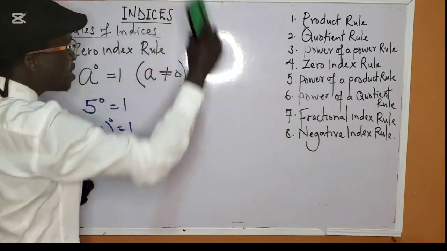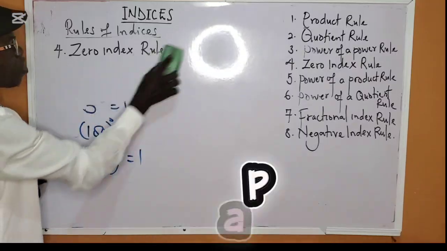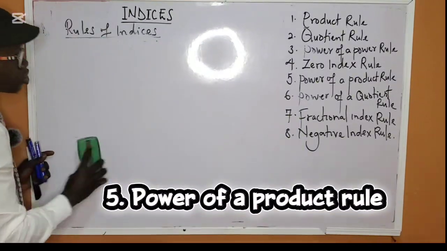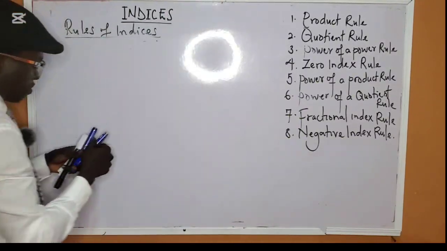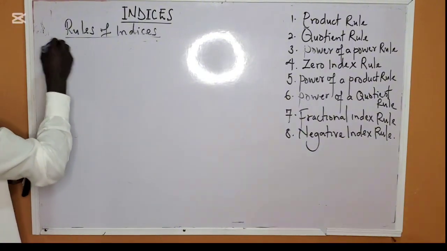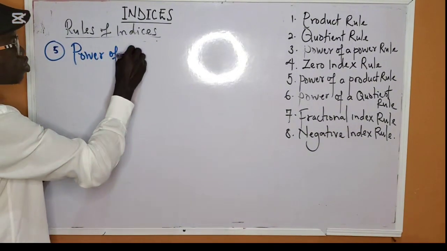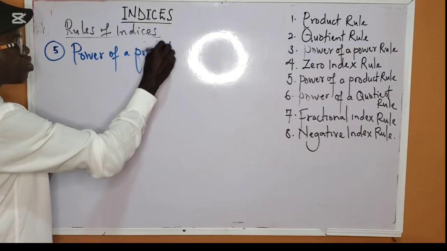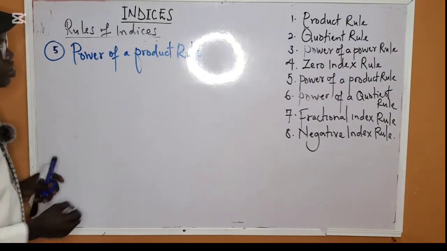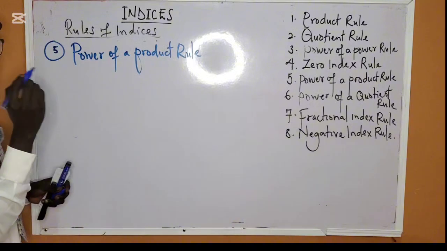So the next one is the power of a product rule. That is number 5. Number 5 is the power of a product rule. So this is the law.